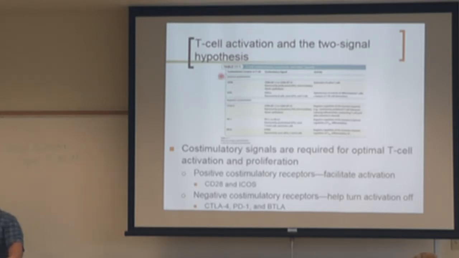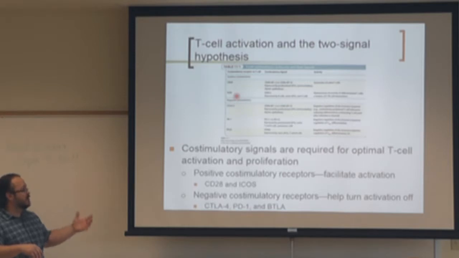If we just compare CD28 and ICOS, ICOS isn't constitutively expressed, but mature cells will upregulate ICOS, and researchers have conjectured that ICOS is involved in maintaining memory. It's involved in trying to maintain a long-term T cell activation.